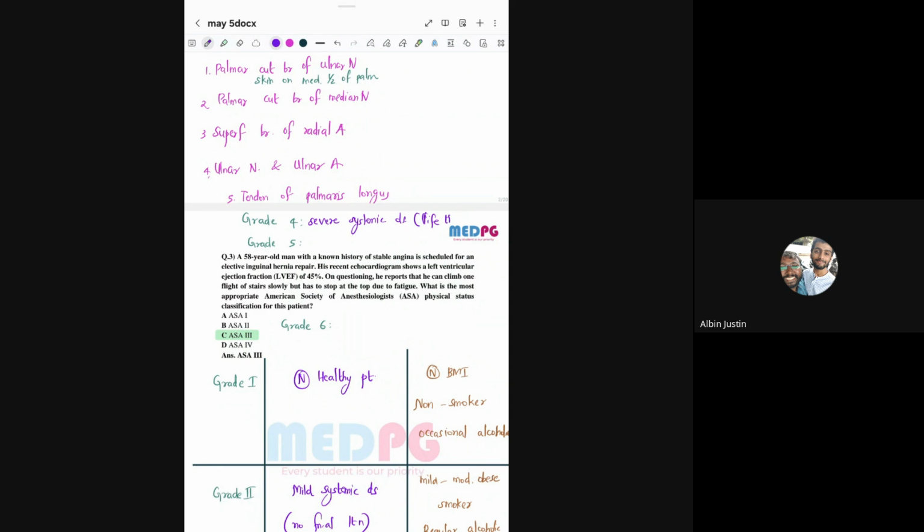This one and all you will be very easily able to identify. That is why I didn't elaborate on this. And 5 is a moribund patient, where survival of not more than 24 hours is expected. And grade 6 is brain dead.